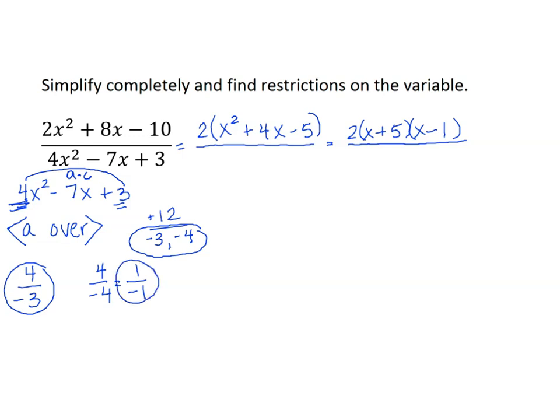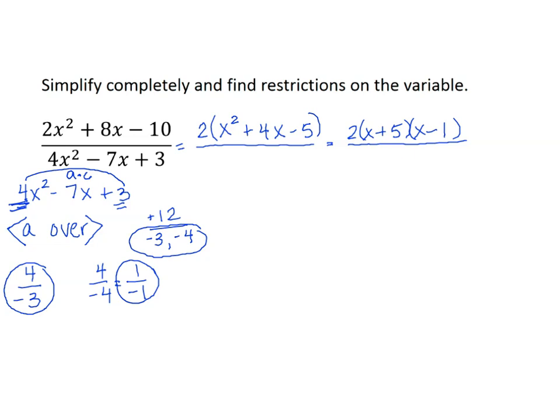Notice that I left it in fraction form, even though I could simplify that to negative 1. I'm going to leave it as a fraction because I need a top and a bottom in order to write my binomial. Also notice that I left the negative where it originally was. Okay, I didn't move it out front, I didn't move it on the top. Leave the negatives where they are originally.